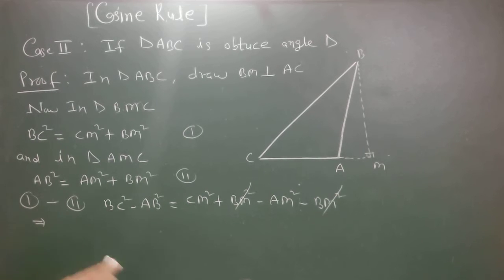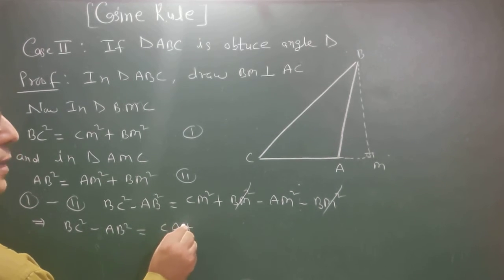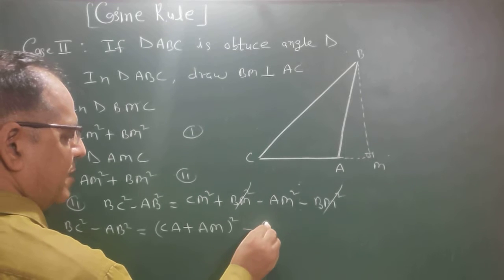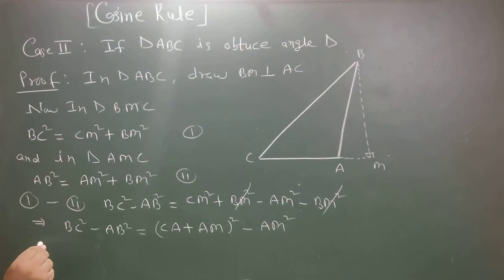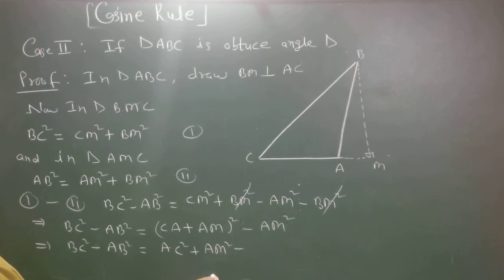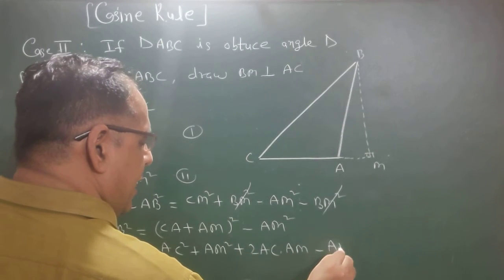So now in the next term we have BC square minus AB square is equal to CM square, which can be written as CA plus AM whole square minus AM square. So after applying the identity of x plus y whole square, we have AC square plus AM square plus 2AC into AM minus AM square.